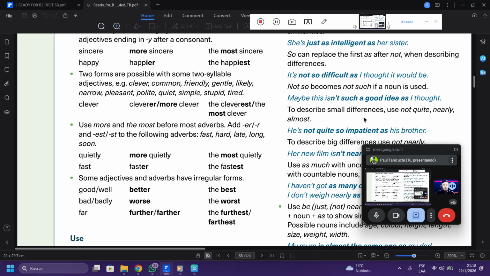And we especially use this with the verb to be, no matter the tense, in present and past, it works like this.